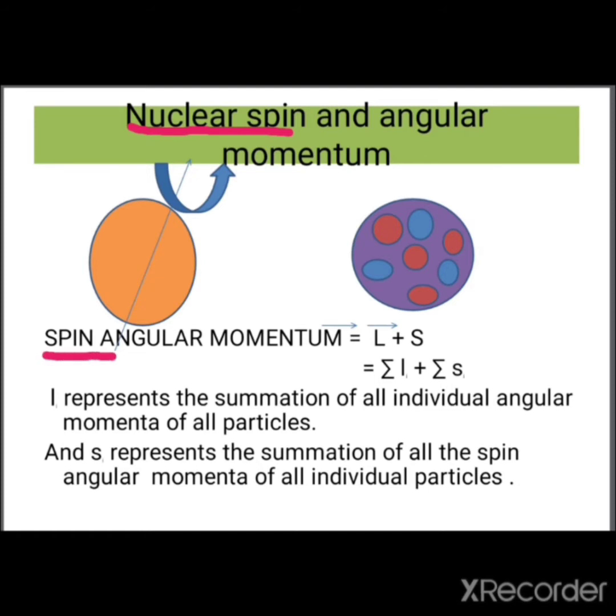So here the angular momentum is given by capital L vector plus capital S vector. Here L represents the orbital angular momentum of constituent particles, whereas the S vector represents the spin angular momentum of constituent particles. Summation Li represents the orbital angular momentum of all particles, whereas summation Si represents the summation of all the spin angular momenta of all the particles.